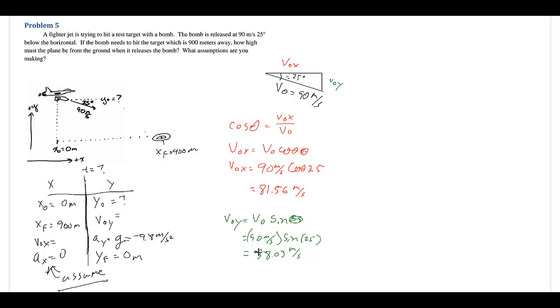Notice it is negative, not because that is the sine of 25 or whatever, but because it is pointing down, right? Up is positive, down is negative, so that is very important. You got to make sure to include that.